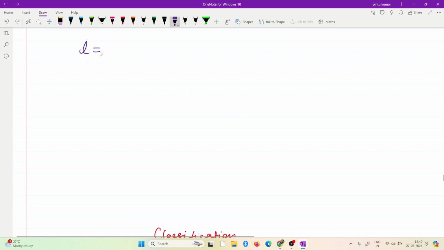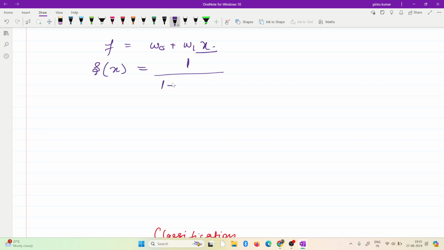So for linear regression, you had a function of the form f is equal to w naught plus w1x, right? Similarly, when you try to do logistic regression, if you take x as an input, you will have a function of the form 1 upon 1 plus e to the power minus (w naught plus w1x).